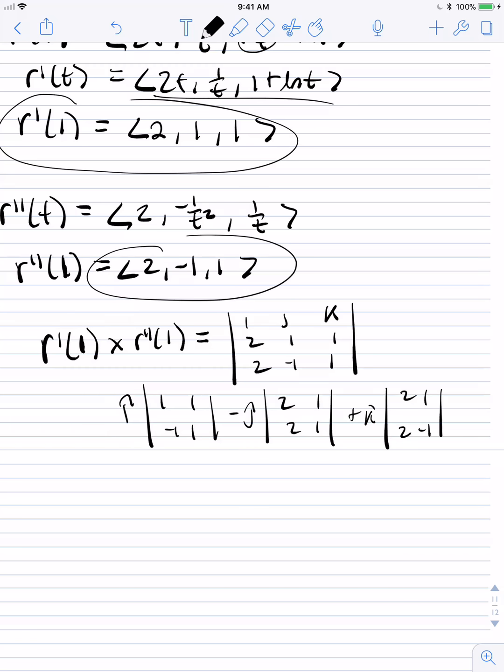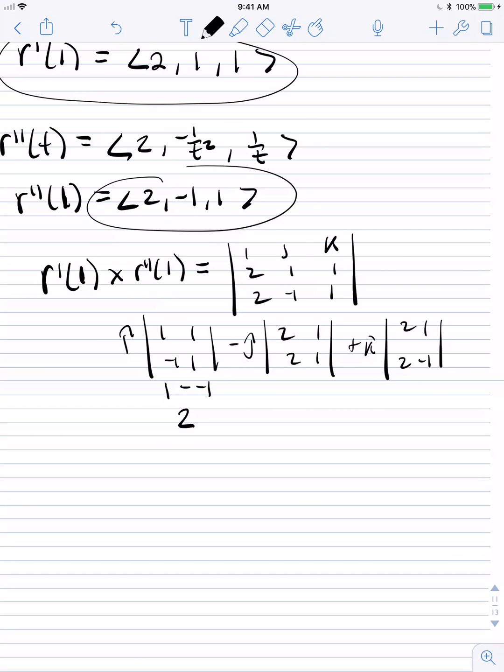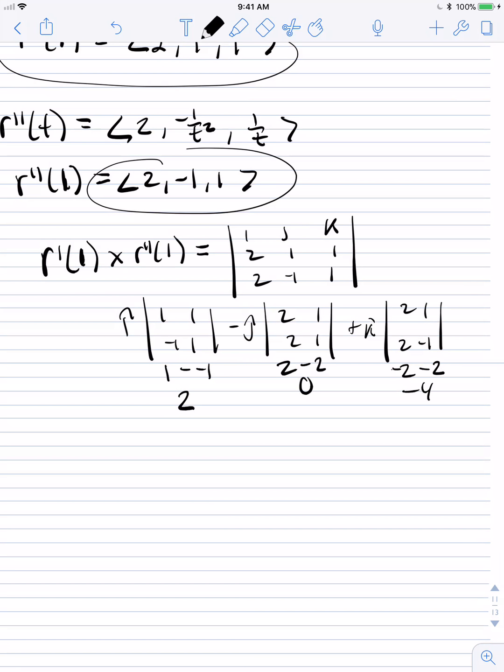So doing the cross, we got 1 minus negative 1, subtract them, you get 2. And then 2 times 1 is 2, 2 times 1 is 2. Subtract them, you get 0. 2 times negative 1 is negative 2. 2 times 1 is 2. Subtract them, you get negative 4. So this vector will be 2, 0, negative 4.